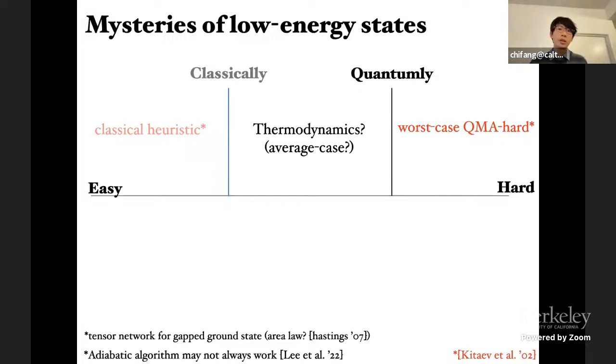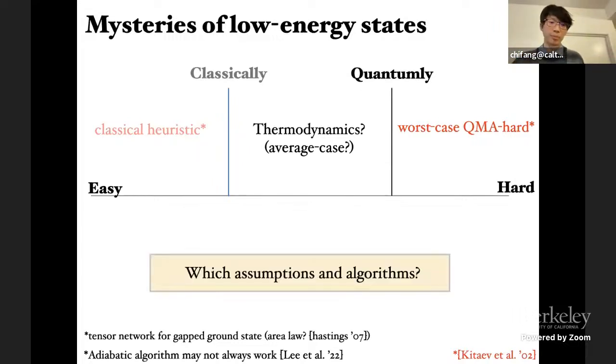And in particular, if you want to argue that quantum computers can do very well, then you kind of want something in the middle, that maybe it's quantumly easy but classically hard. Okay. So this has been a very active direction that many people are working on. And the thing we want to do here is really to draw the right assumptions and algorithm that allow us to cut across these different regimes.